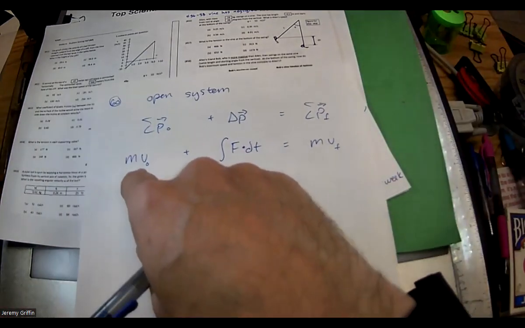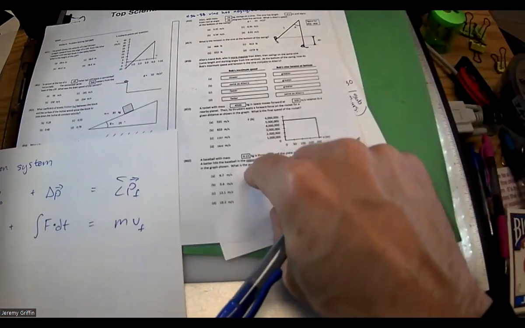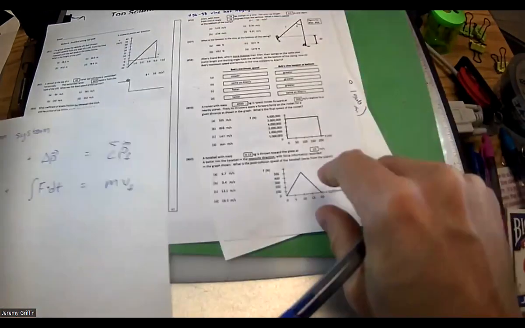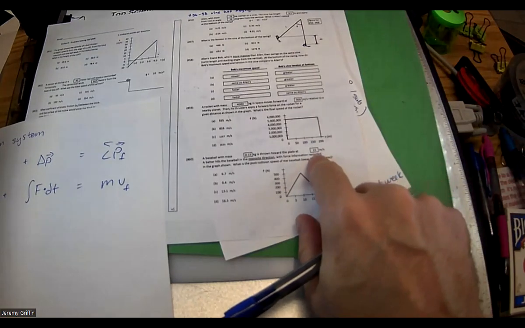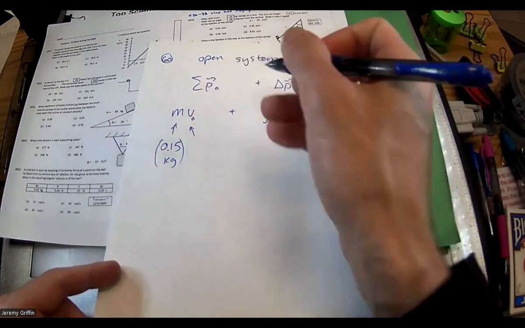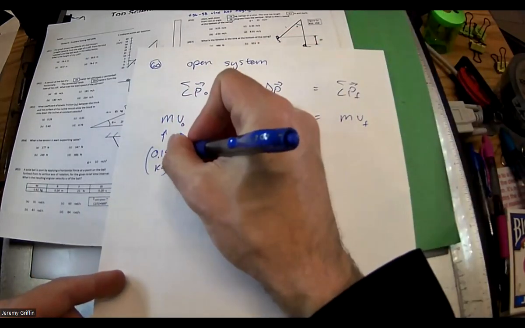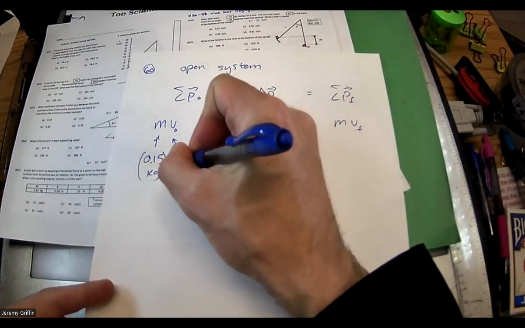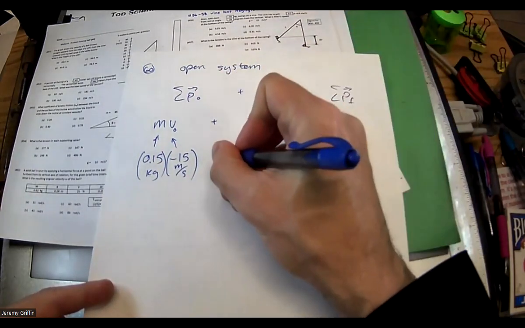So the baseball was 0.15 kilograms. Now it says a speed of 15 meters per second. But since I know the force is acting opposite that direction, I'll go ahead and tag the negative sign to that right there. So call it negative 15 meters per second.